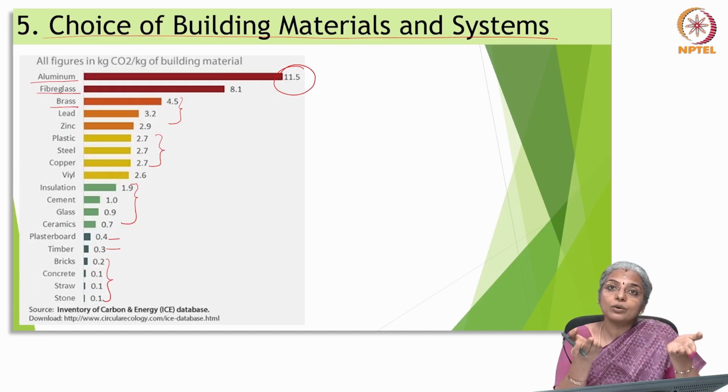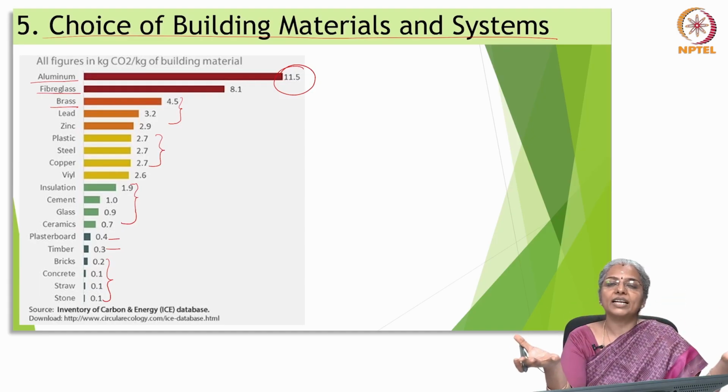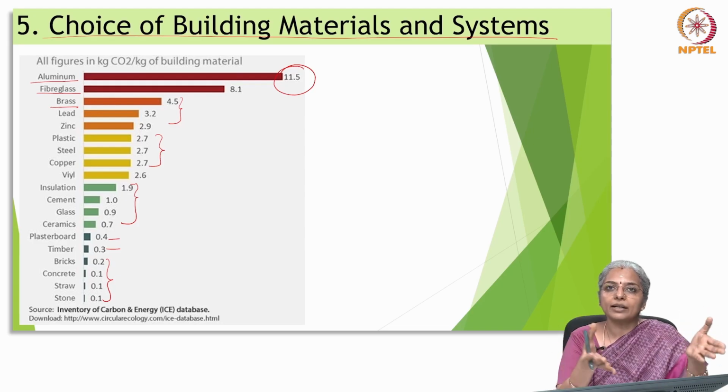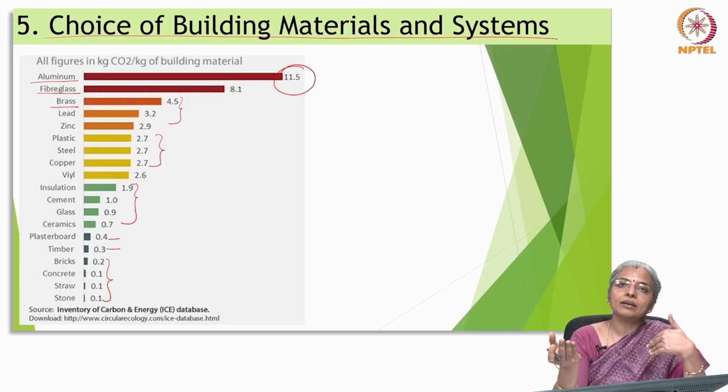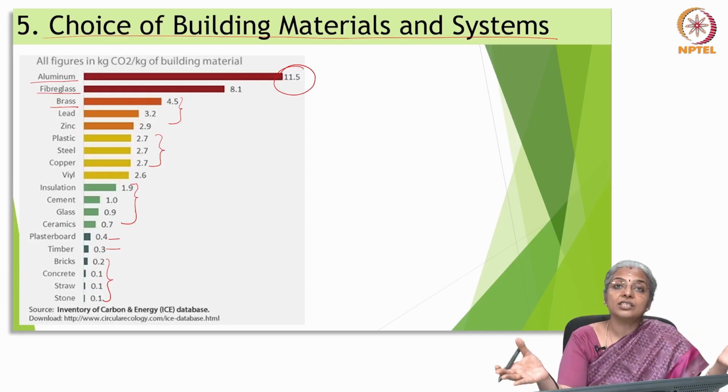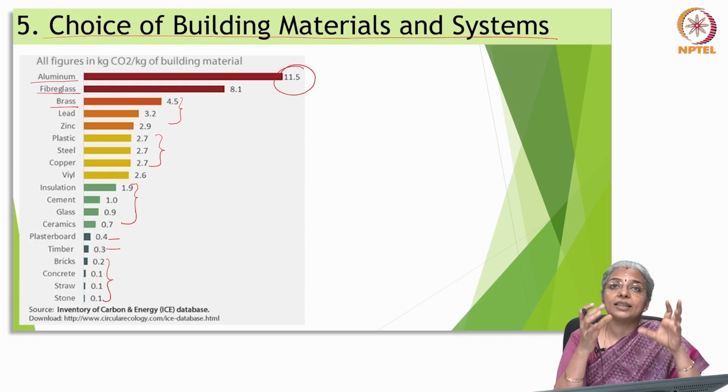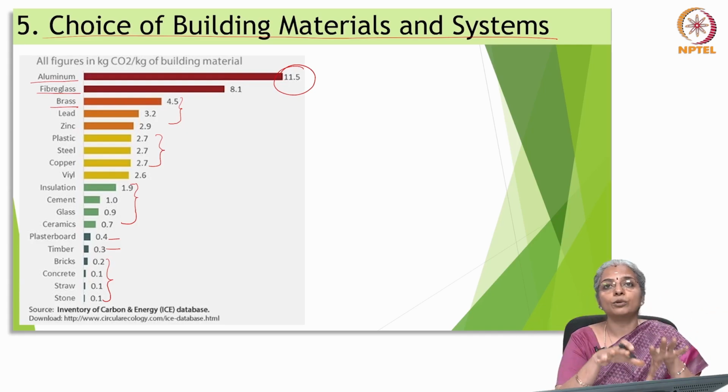You should also consider how much of that material is used in a building. For example, we are not going to use 100 tons of aluminum in a building. But there may be some other material used in a larger quantity whose embodied energy may be less, but which contributes maximum to the building's carbon footprint.